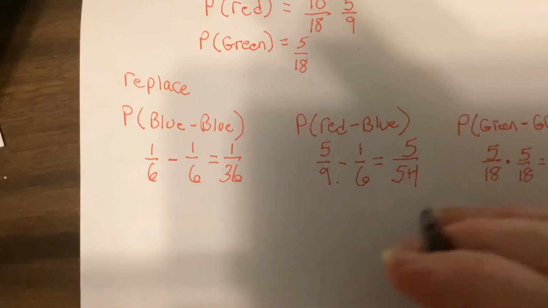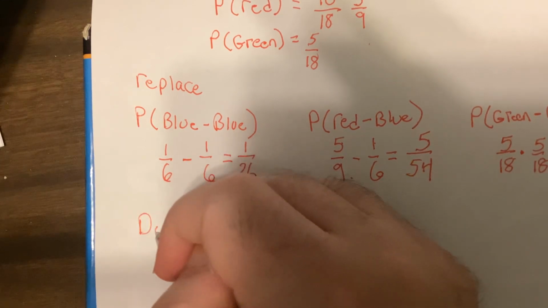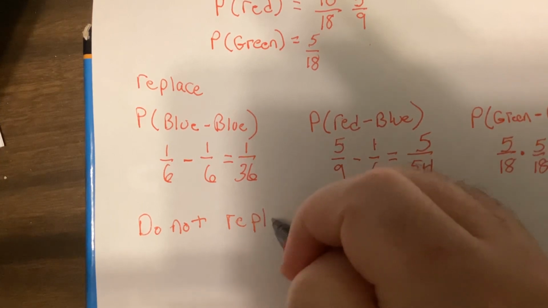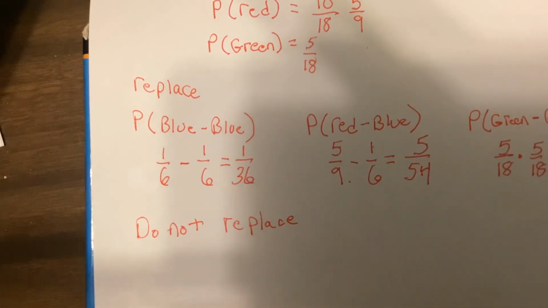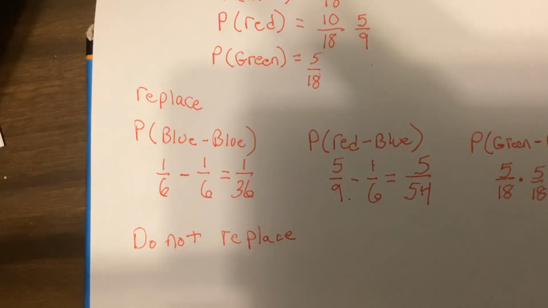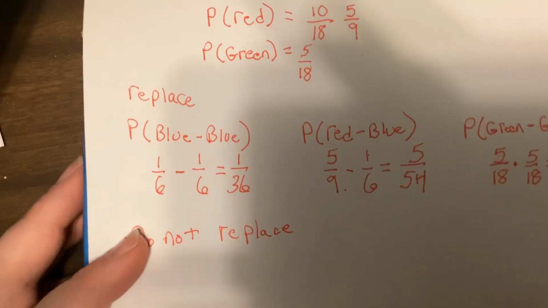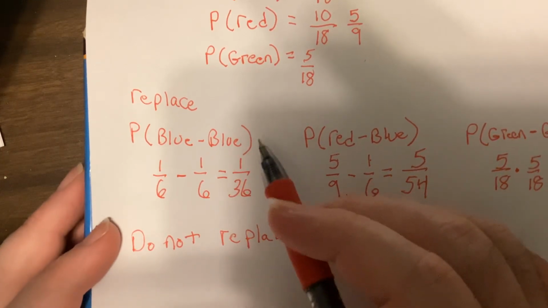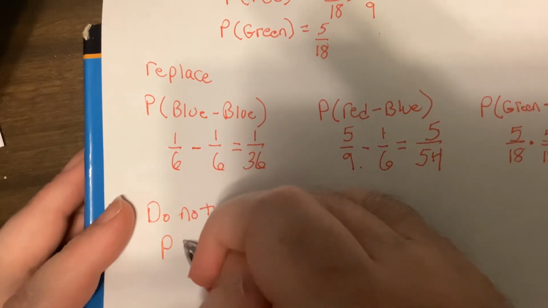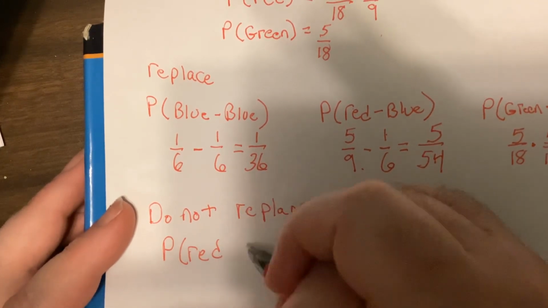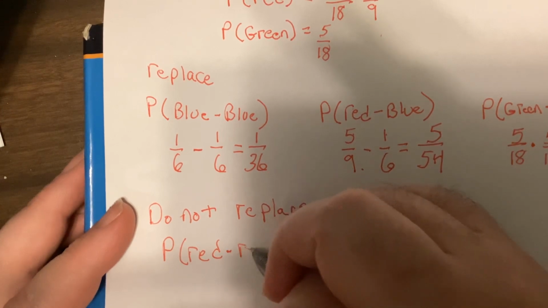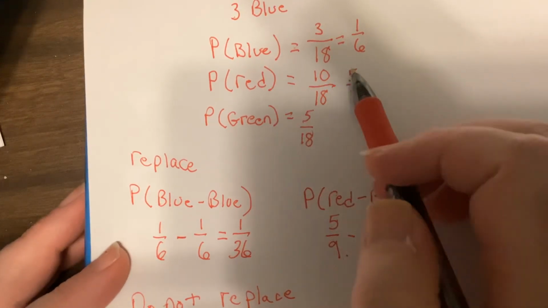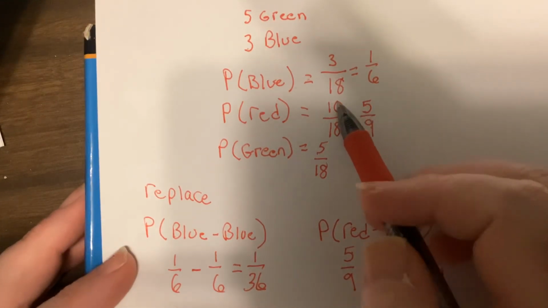Now, what if we do not replace the marble? So if you don't replace the marble, then every time you draw, you lose a marble. So if I said, what's the probability you do a red, then a red, you'd say red, we have 5 out of 9, or 10 out of 18.